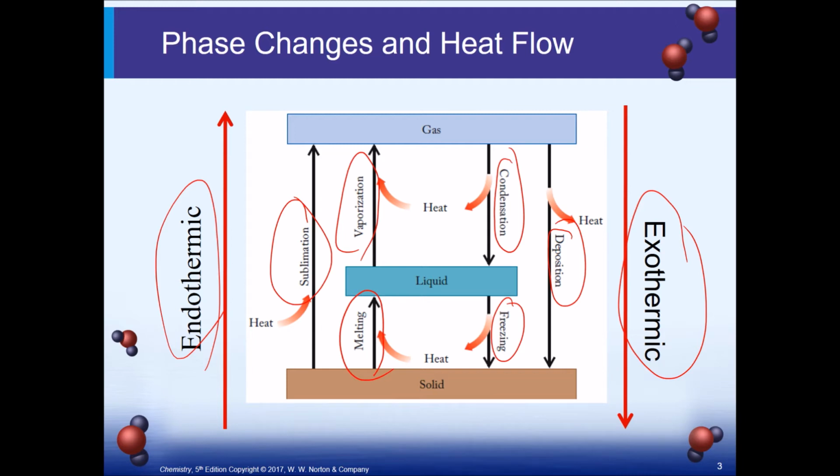On the other side, we have condensation, deposition, and freezing, which are often referred to as warming processes, and this is because as the system loses energy, that energy is released from the system into the surroundings, causing the surroundings to warm up. And this is the reason why when you walk into a sauna, for example, where there's a lot of steam in the air, and that water vapor then condenses onto your body, it feels like a warming event, because energy is being lost from the water and that's being transferred onto you, and so you experience it as warming.